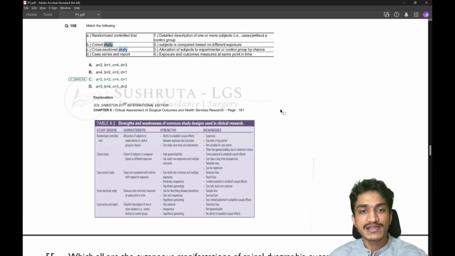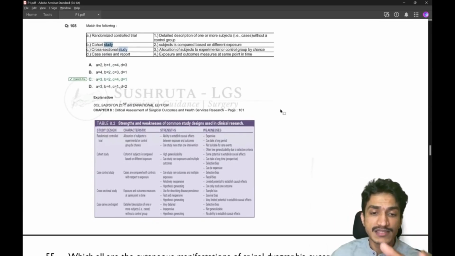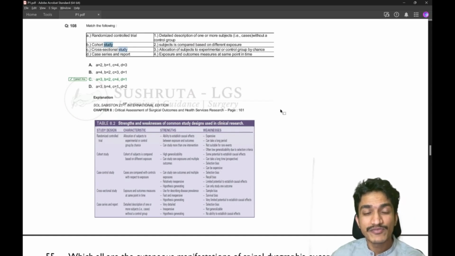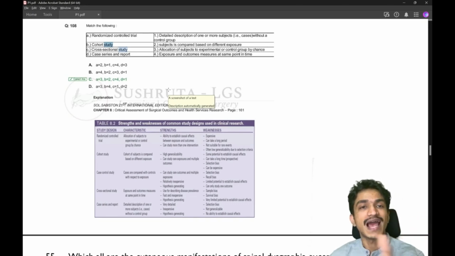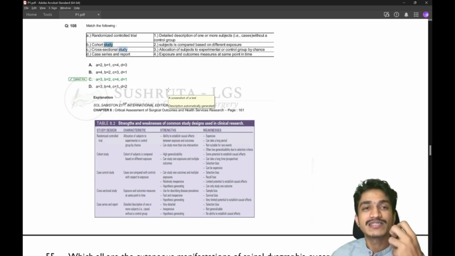Now, the best study to know the association between a risk factor and a disease. I had asked this question regarding studies in our mock test, and this is from this table. If you see the table, there are two things which can be asked, cohort or case control, wherein you can study the exposure and multiple outcomes. Now they have asked the best one.